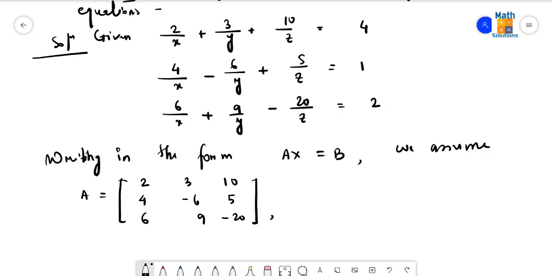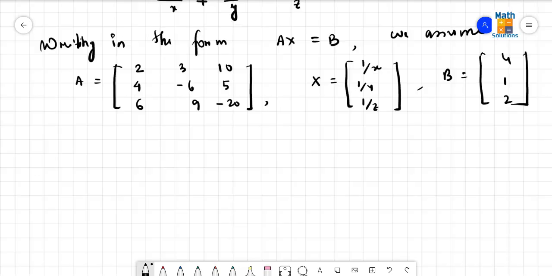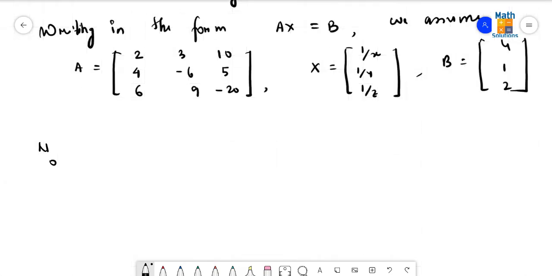Then here x can be taken in the form 1 by x, 1 by y and 1 by z, and we can keep this as it is, nothing to change here. And if you want, you can consider this as u, v and w also. Then 4, 1, 2.